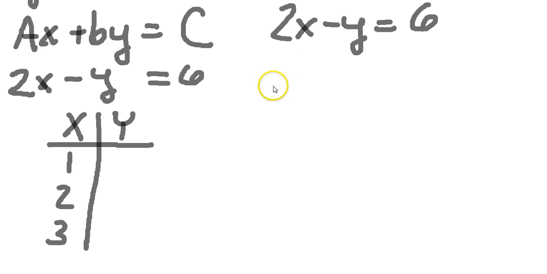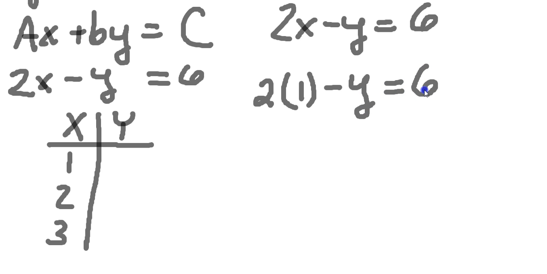So starting with our equation, let's put in the 1 for our x. If we originally have 2x minus y equals 6, when we put our 1 in, we get 2, open parentheses, 1, close parentheses, minus y equals 6.